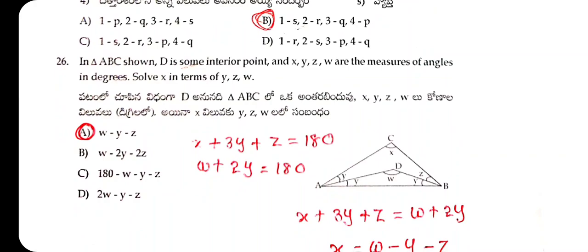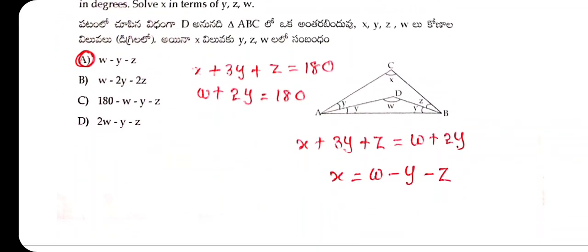So these two are equal, x plus 3y plus z is equal to w plus 2y. I want x, so x equals w minus 3y plus 2y minus z, that is w minus y minus z. So the answer is the first option.